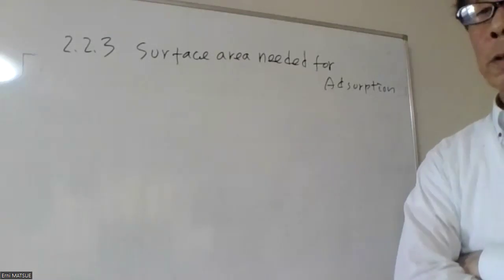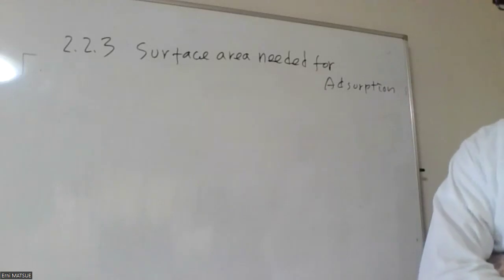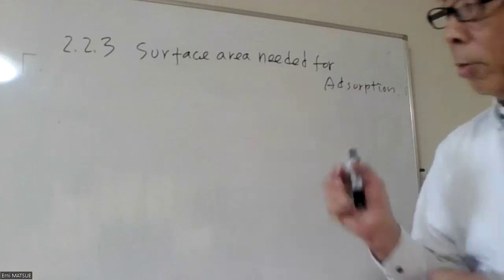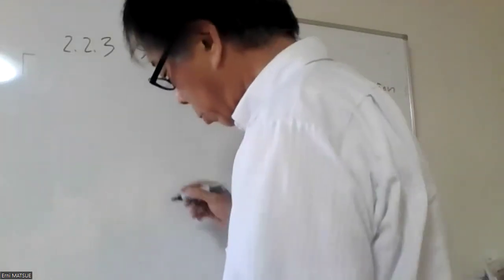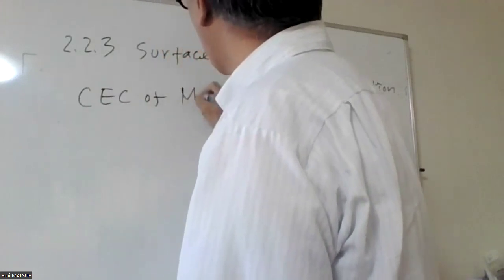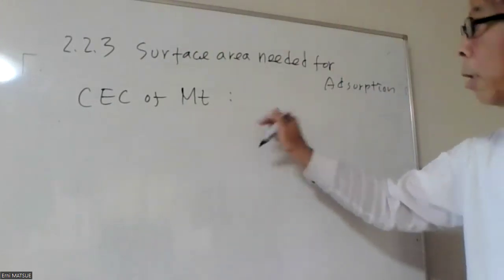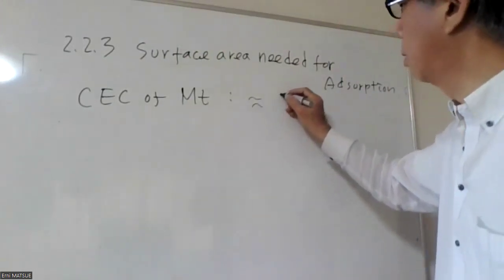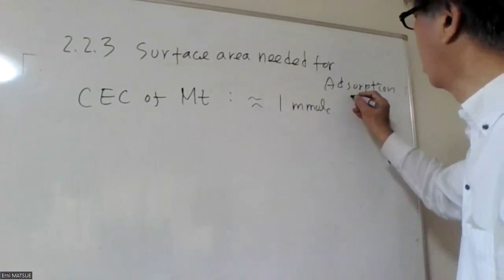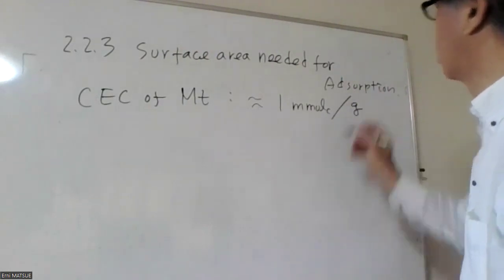Soil or clay can absorb many cations and anions. For example, the CEC of montmorillonite is about 1 millimole charge per gram.